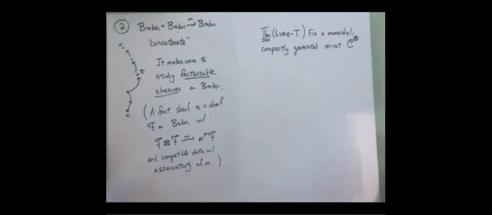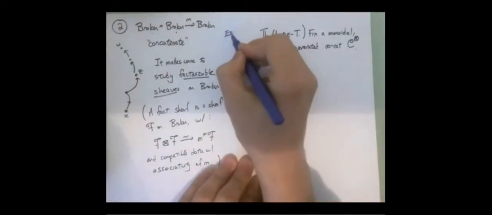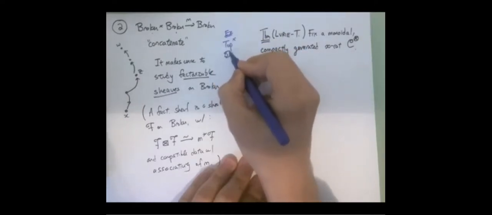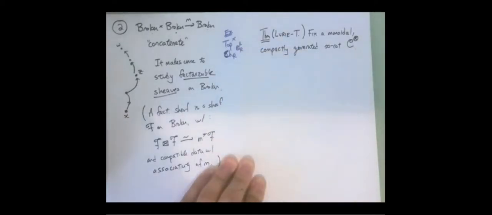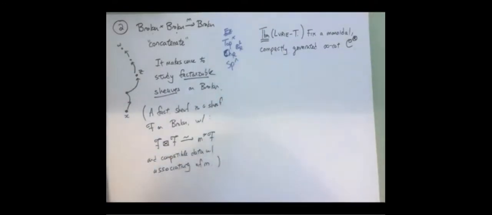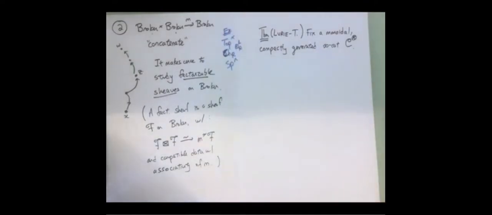If you're not happy with using terms like compactly generated, let me just give some examples that you could consider. You could consider topological spaces with direct product. You could consider chain complexes over some base ring R with the derived tensor product over R. And of course, you could also consider spectra with smash product, if you like. So these are all examples that you can keep in mind. Of course, there are many more. In fact, all these examples happen to be even symmetric monoidal, and that's not necessary for this.